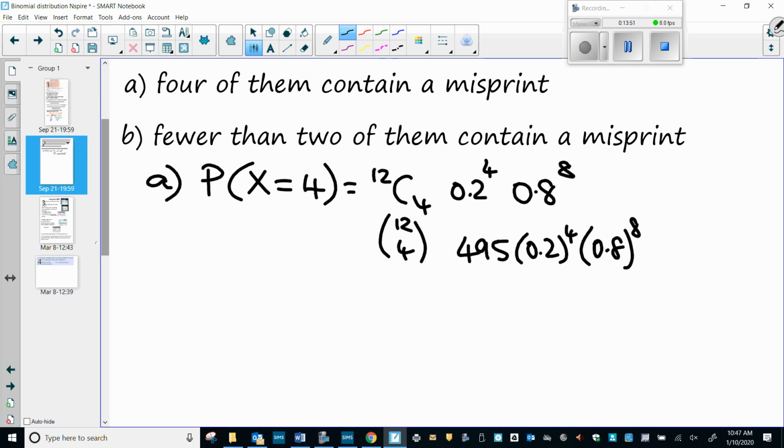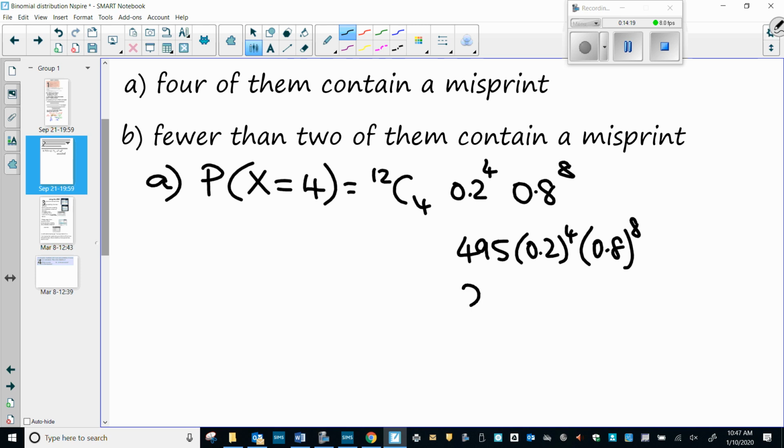Where did you get the 495? Don't tell me that's what 12 over 4 was. Yeah, okay. I'll just put it all in. Is that confusing? Oh my goodness.